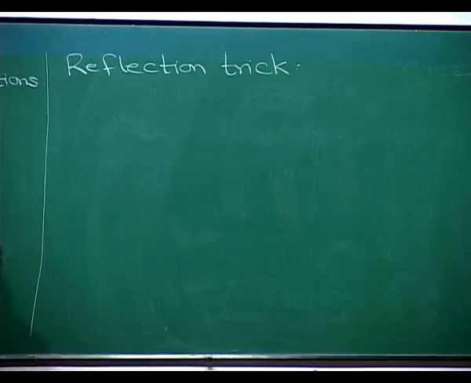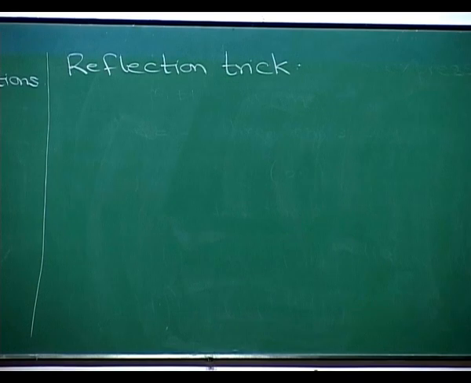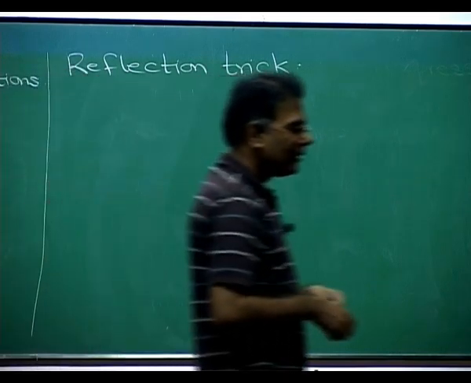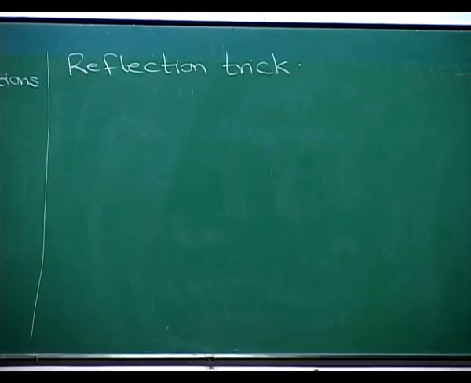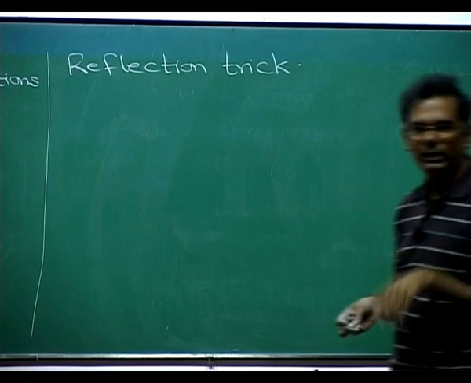Okay, so what are we trying to count? We are trying to count all paths from 0, 0 up to the point n, n, and we are trying to count those paths which stay on or above the diagonal. If you want to count that, a natural way of doing it would be to take all paths first of all and then remove those that violate your condition, right?